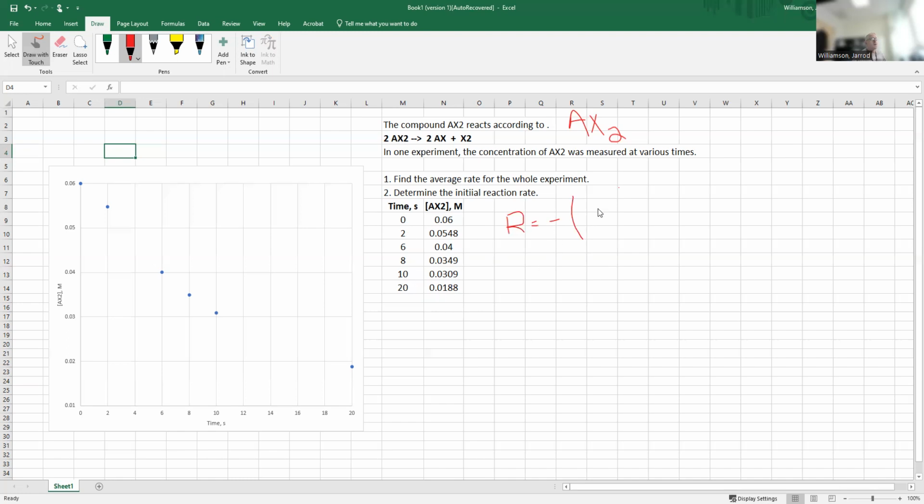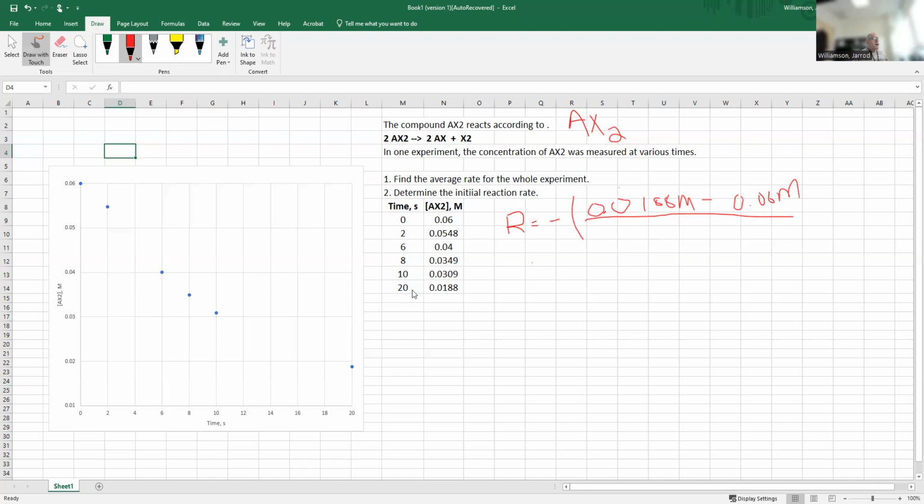So the final concentration will be 0.0188 molarity minus 0.06 molarity. And I'm not going to worry about sig figs. I should, but I'm not going to in this problem because I'm trying to write with my dang mouse and it's really hard and I'm just being a little bit lazy.